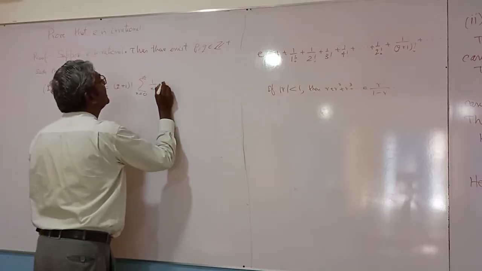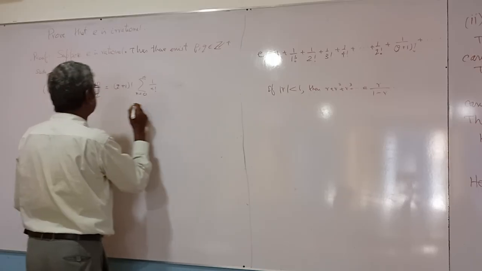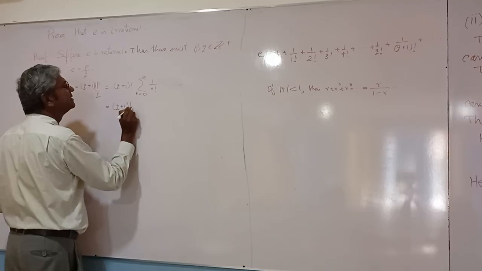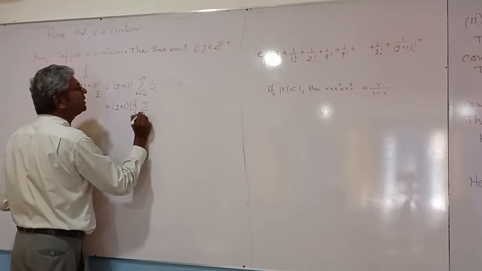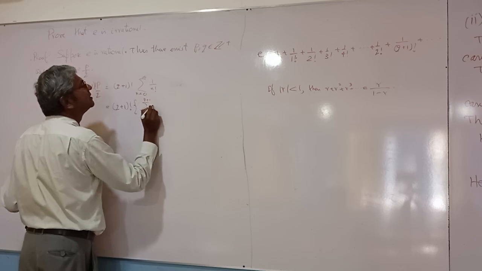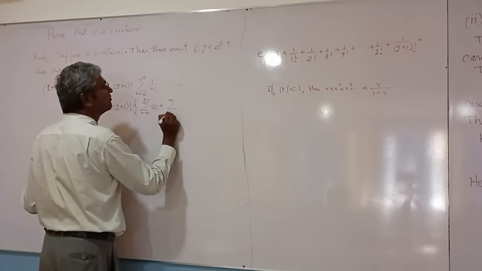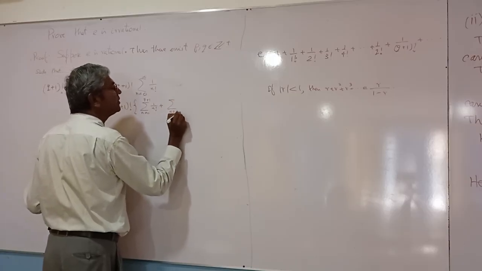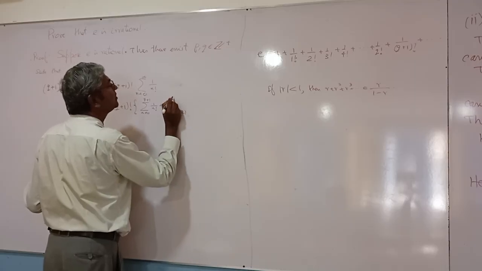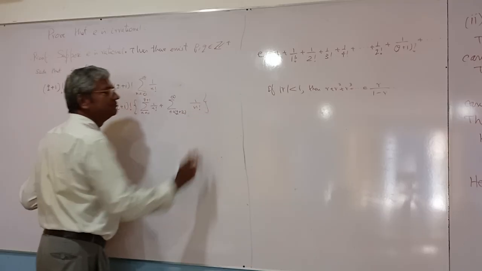We can write this one as Q plus 1 factorial times the sum over n going 0 up to Q plus 1 of 1 over factorial n, plus the sum over n going Q plus 2 to infinity of 1 over factorial n.